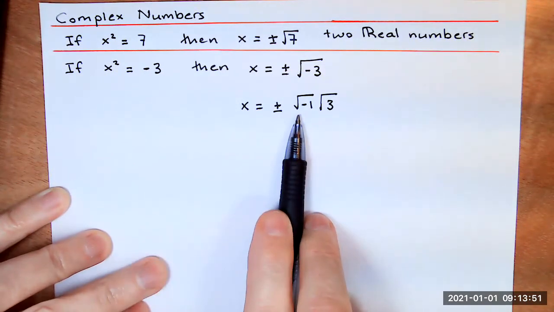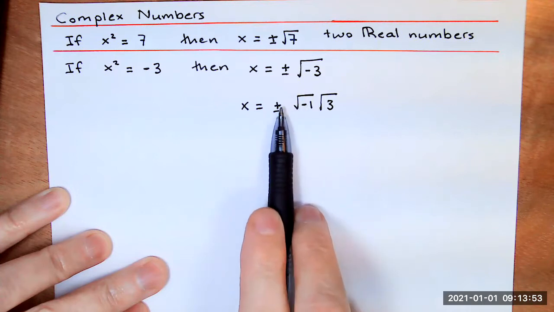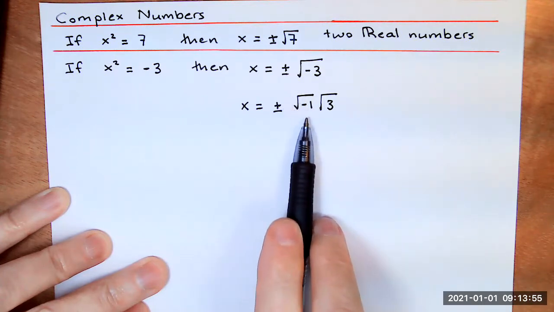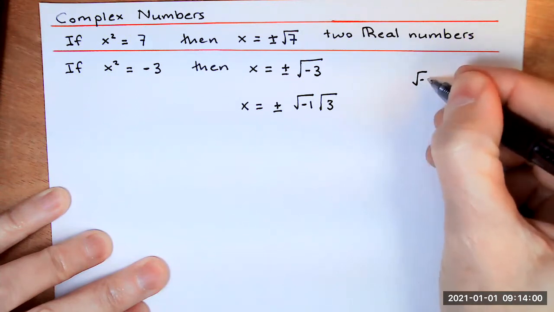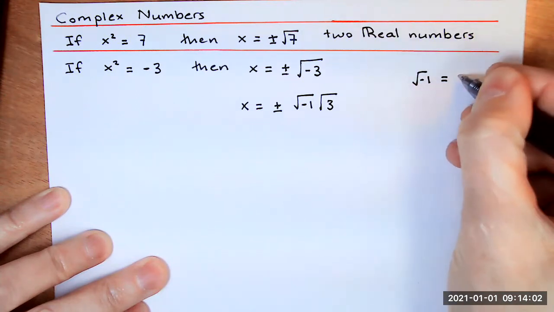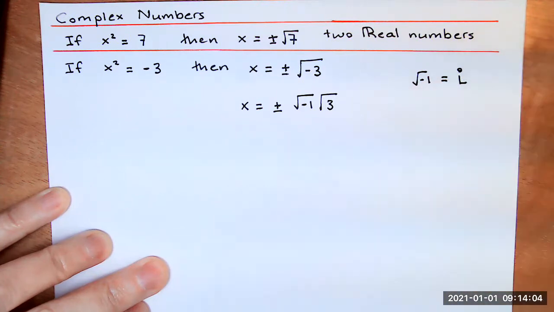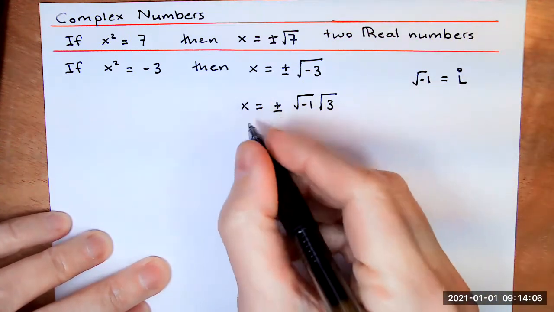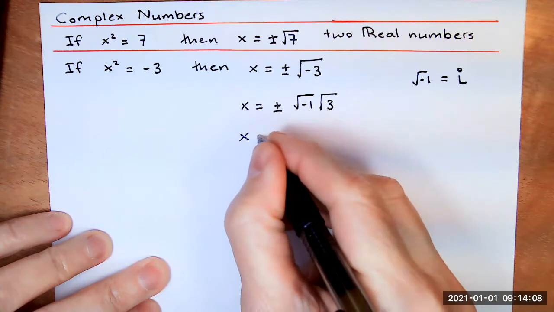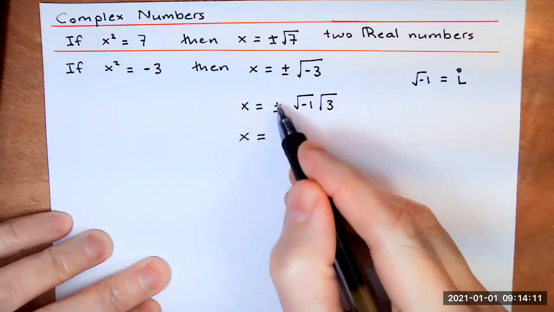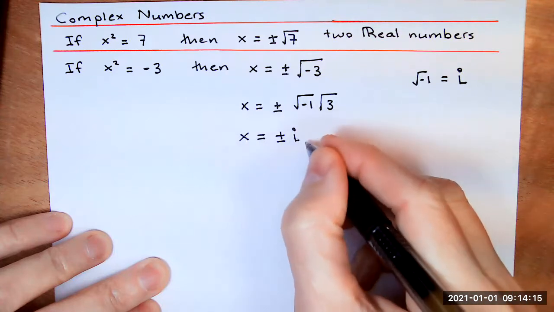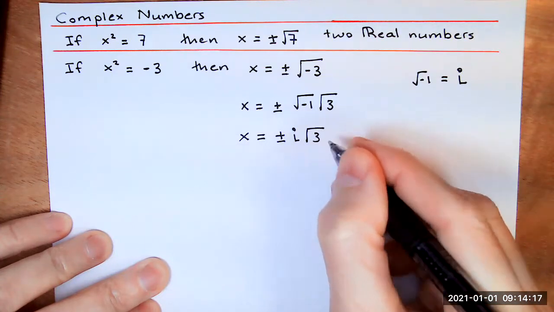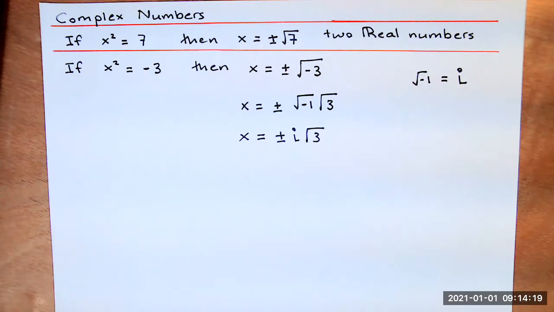So they invented a number for this, which is called i, or an imaginary number. So the two solutions of this equation are plus and minus i square root of 3. Let's do another one.